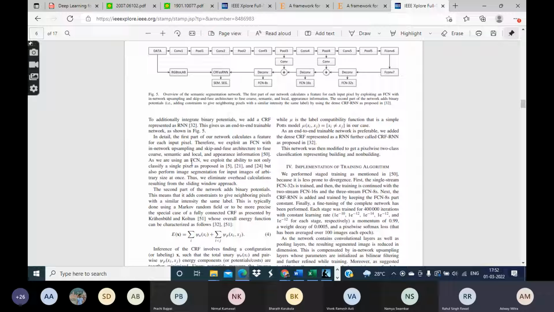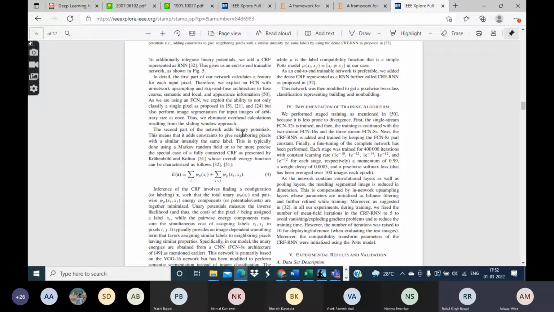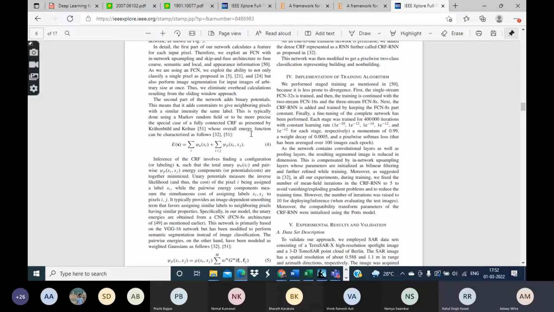As we are exploiting FCN, we exploit the ability to not only classify a single pixel but also perform image segmentation for images of arbitrary size at once. The second part adds the binary potential. This means that it adds constraints to give neighboring pixels with a similar intensity the same label. This is what I was mentioning. So this is the pixel-level smoothness which they try to enforce with the help of the conditional random field.